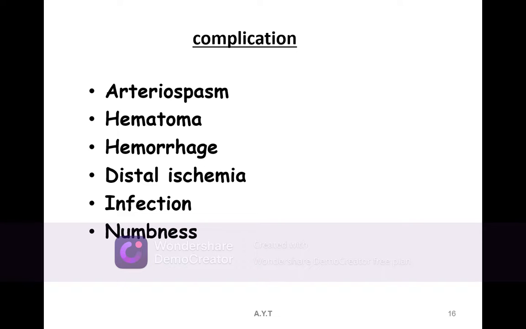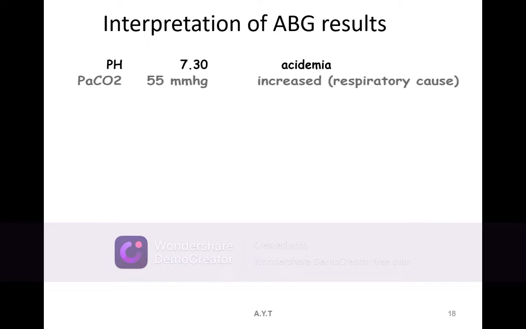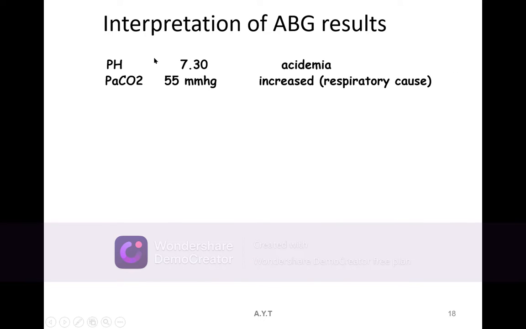The normal is 7.25 in some labs, so you have to see what the lab says. If the pH is 7.30, below 7.35, it is acidemia.